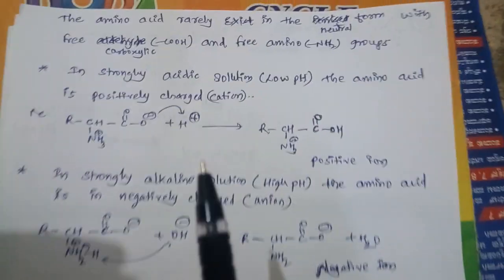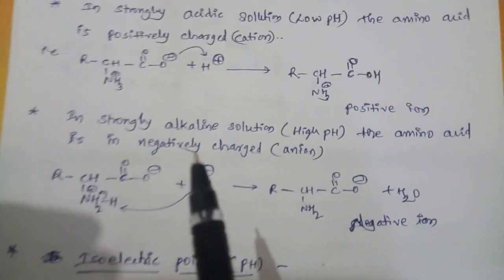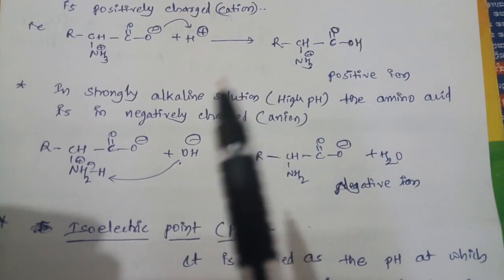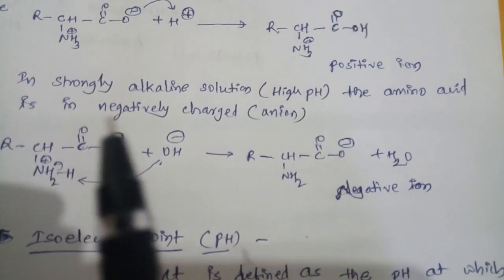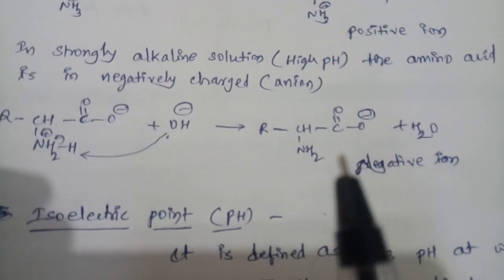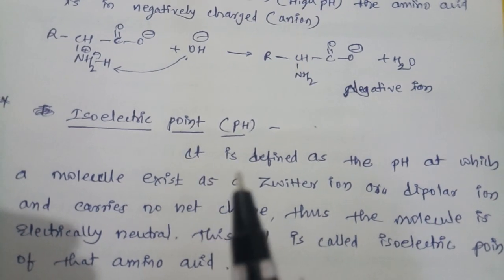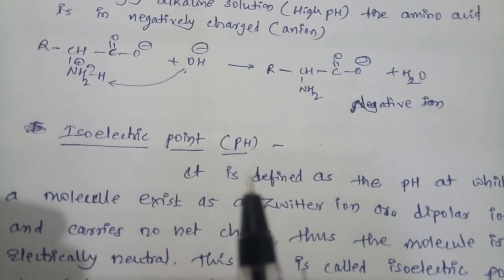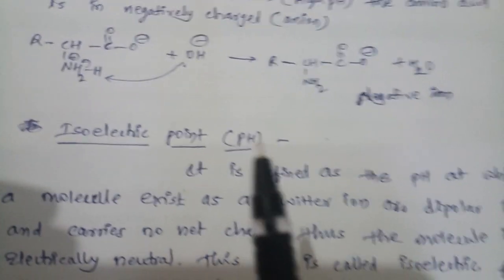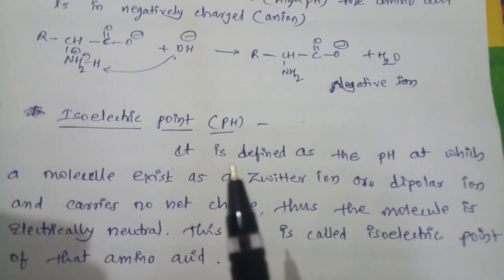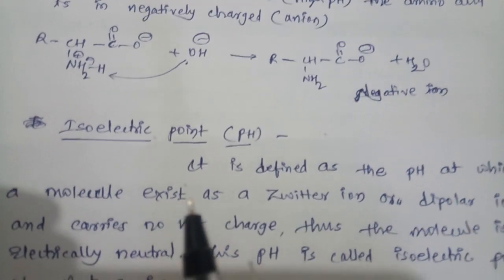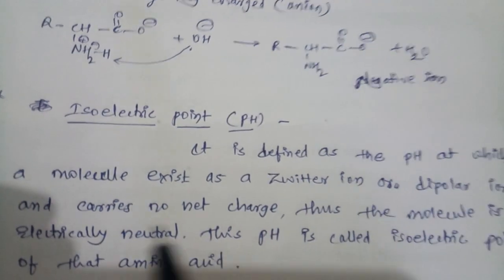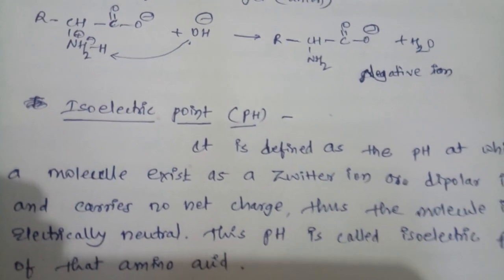As I said, in the strongly acidic solution, the amino acid is positively charged, and in strongly alkaline solution, the amino acid is negatively charged. But at the isoelectric pH, the molecule exists as a zwitterion or dipolar ion and carries no net charge.